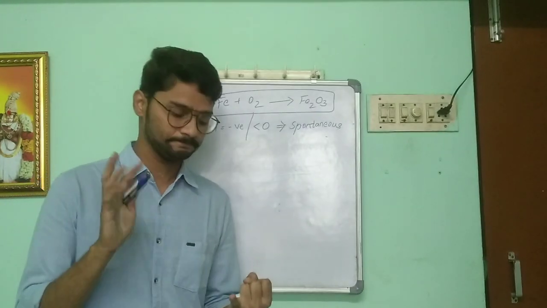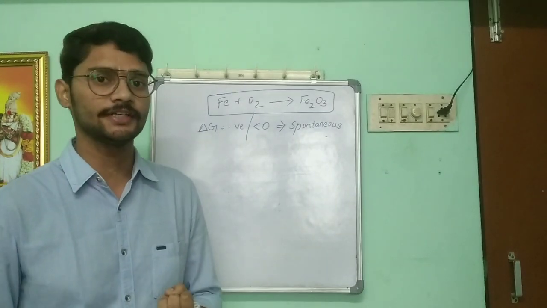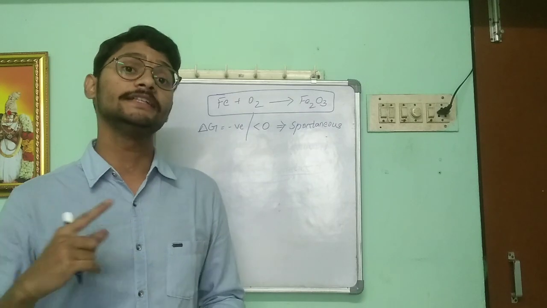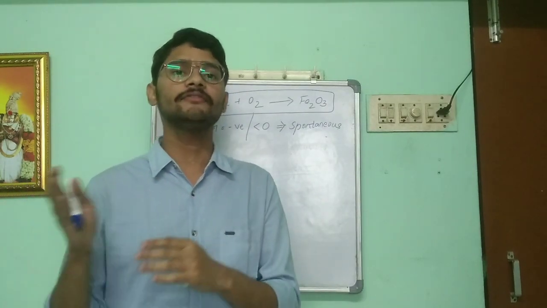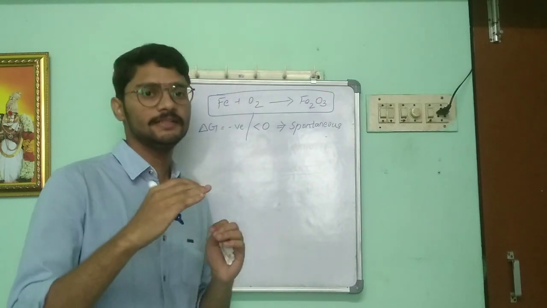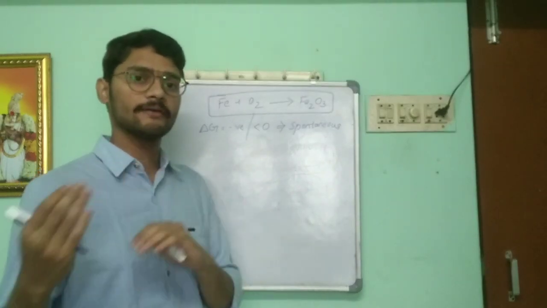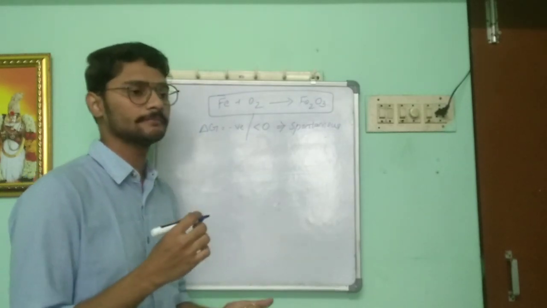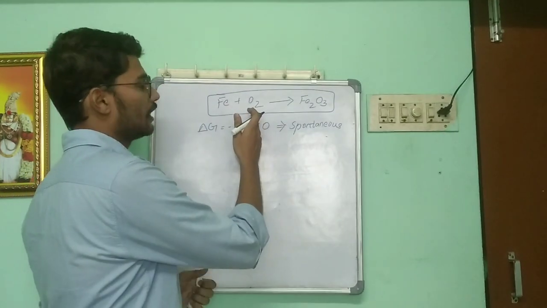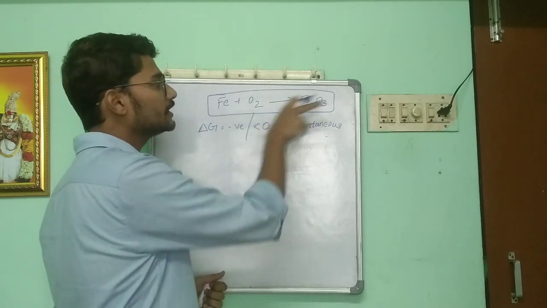It talks about change in concentration, change in pressure or change in temperature, and how these changes will affect the forward or backward direction of the reaction. See here, since iron is getting oxidized, it is moving in the forward direction.